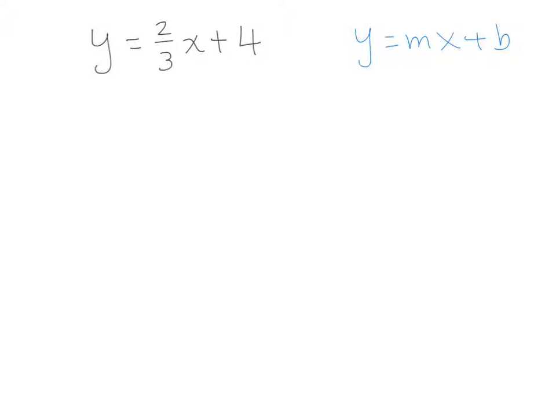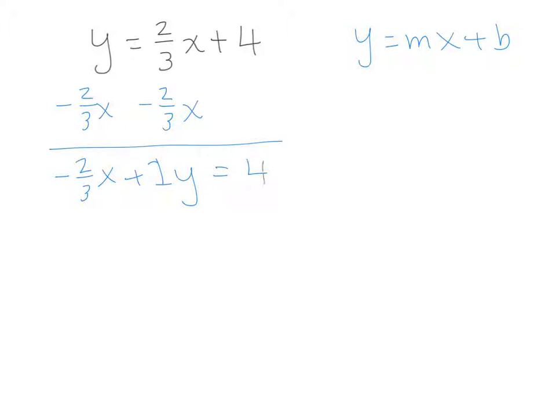In that case, what we want to do is put it into ax plus by equals c form, which would require us to get the x terms and the y terms all on the same side. So we're going to do that by subtracting 2/3 x from each side, and I'm going to write that result as negative 2/3 x plus 1y, just to remind ourselves that it's y, equals 4.